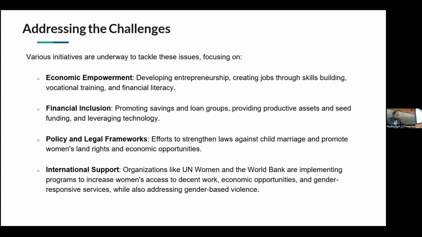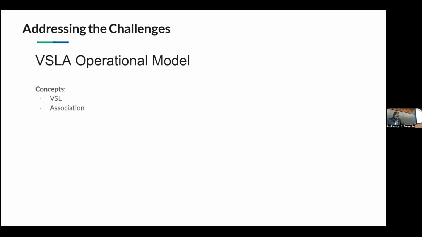There are also policy and legal framework efforts that strengthen laws against child marriage and promote women's land rights and economic opportunity, with support from international organizations, especially the World Bank and UN Women. All these initiatives are trying to penetrate rural areas in order to empower the population.